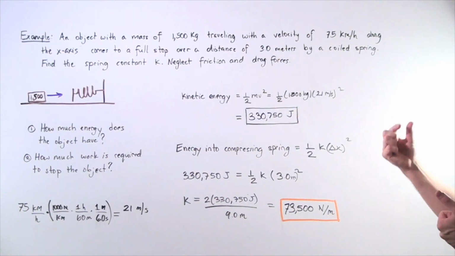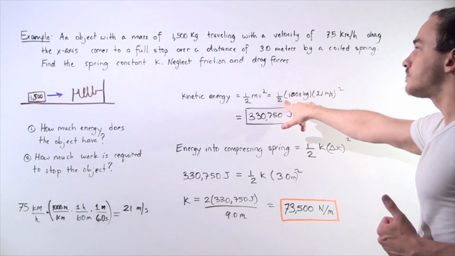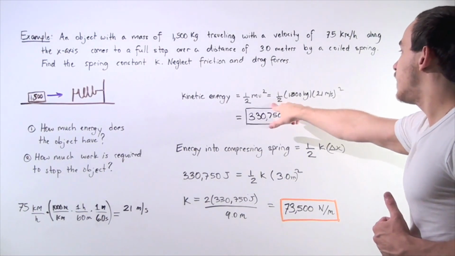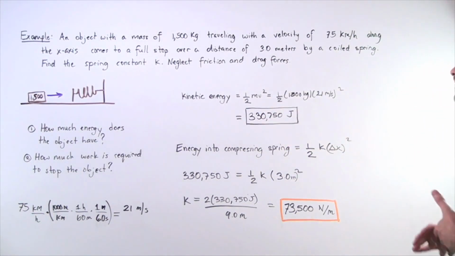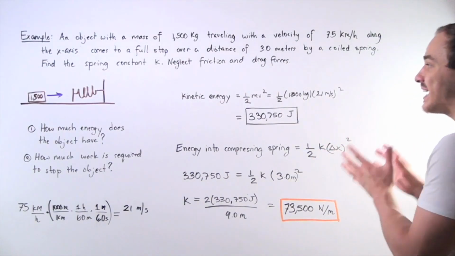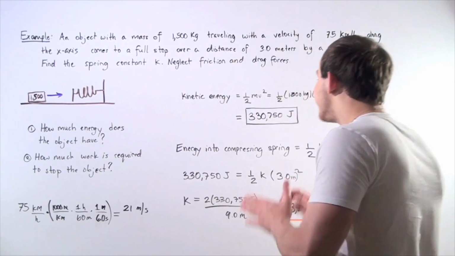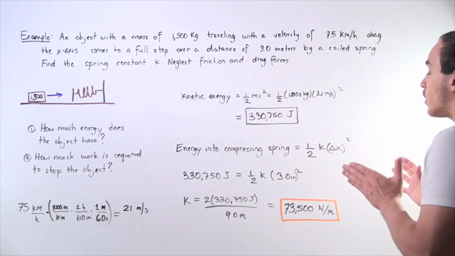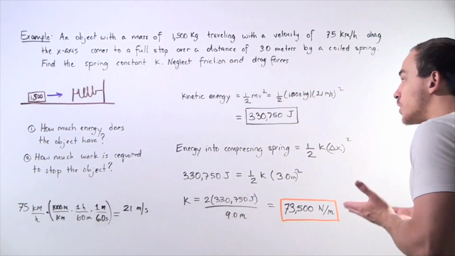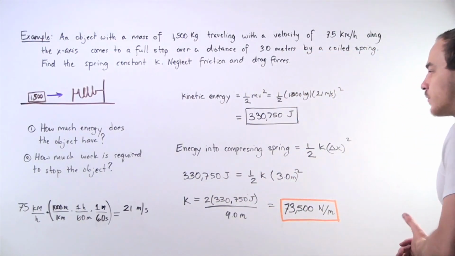So we take the product of the square of the velocity and the mass of the object and divide that by 2, and we get approximately 330,750 joules. That's how much kinetic energy is found in our moving object, and that is exactly how much work must be done on the object to stop it from moving.